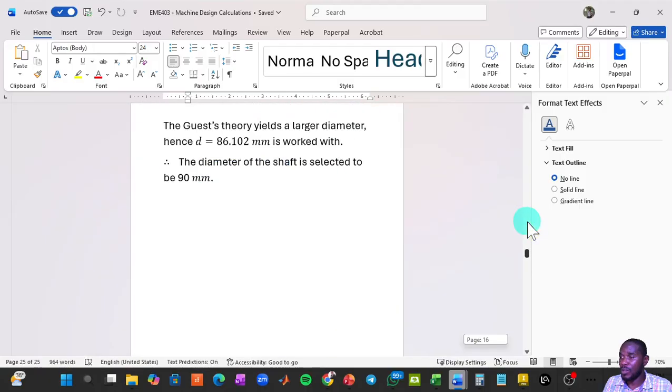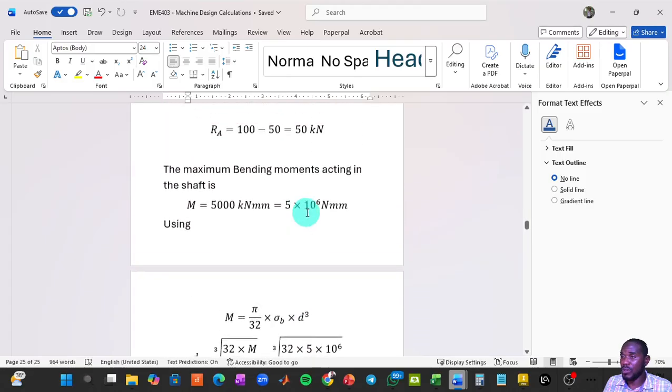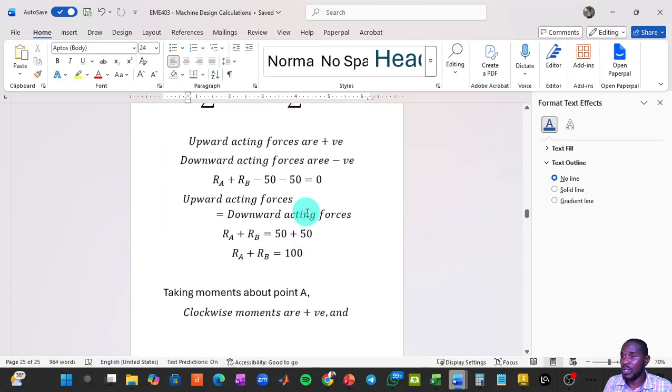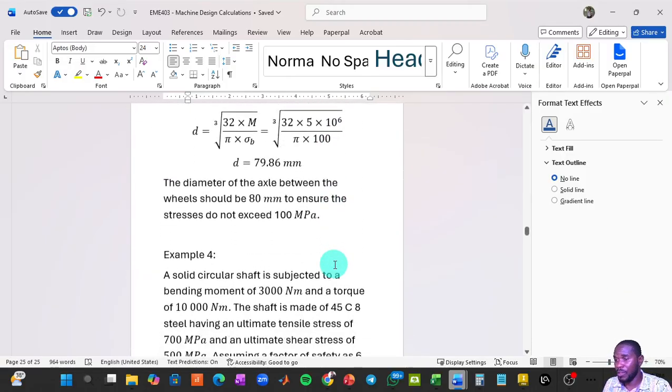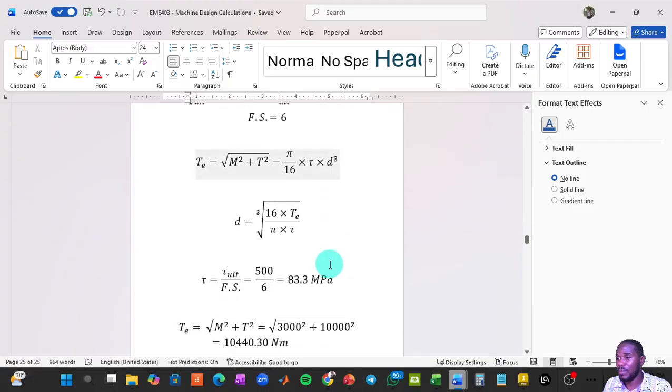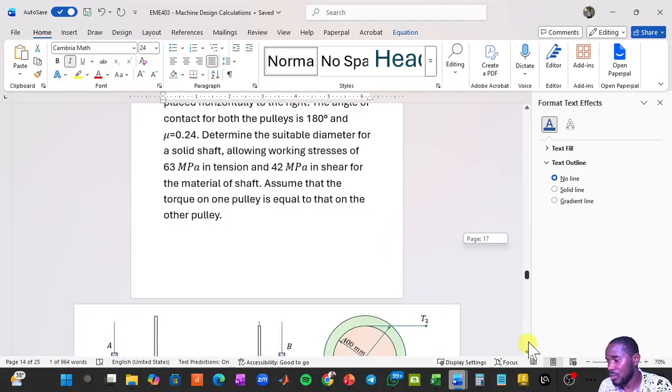Hopefully not too far. Yeah, there we go. This is the value of T. Select everything, and we get right down to the bottom.